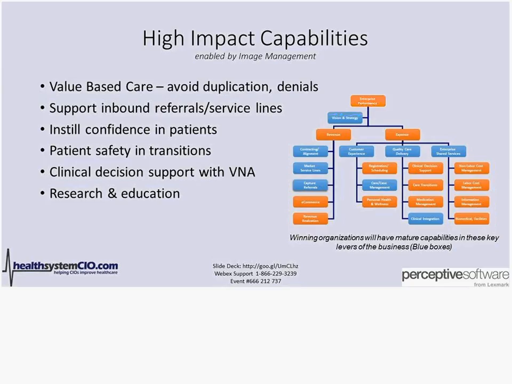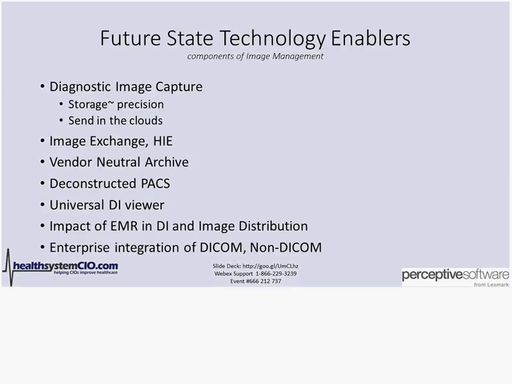Business capabilities like this, the high-impact capabilities, are enabled by things like strategy, people, process, and yes, of course, technology, but technology alone won't do it. When we think about some of the future state technology enablers for some of these high-impact capabilities, they include these things. Diagnostic image capture, the advances on that front are incredibly exciting, what might be in the next 10 years compared to what we have now.